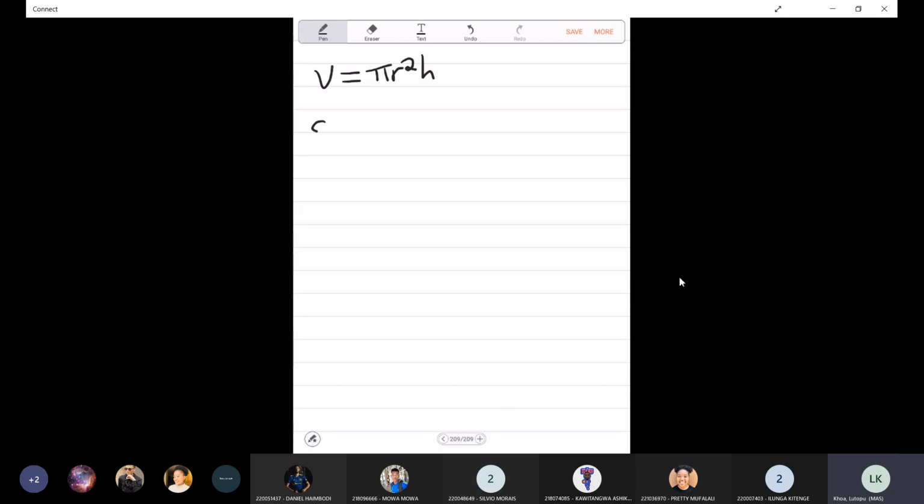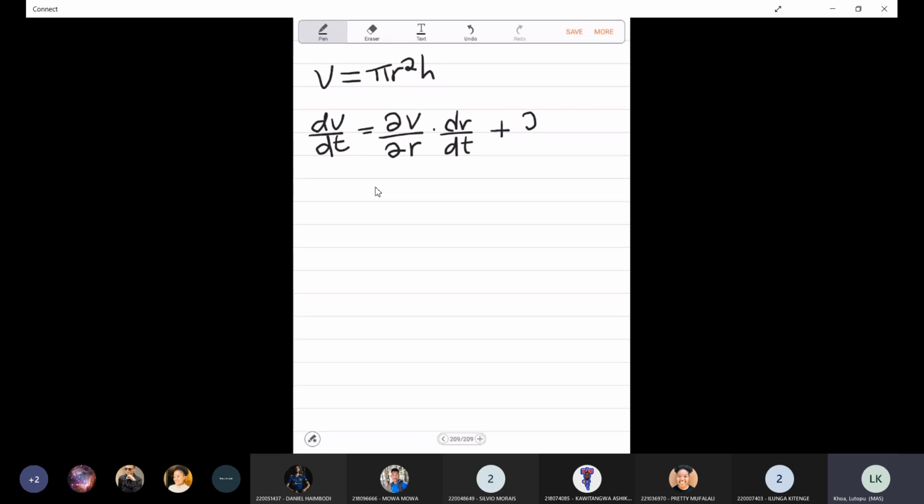So if we want dV/dt, this is the partial derivative of V with respect to r multiplied by dr/dt. Don't make this a full derivative because V has two variables. If you differentiate with respect to r, it's a partial derivative, not a full derivative.